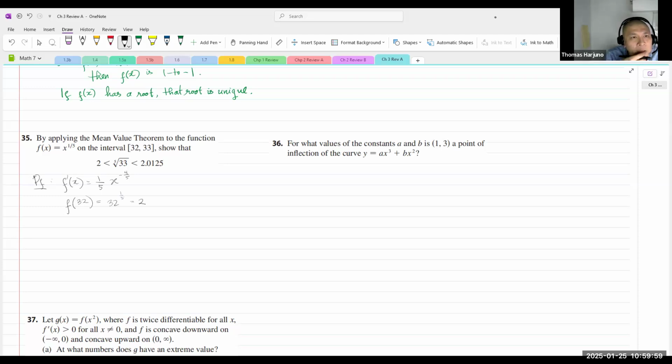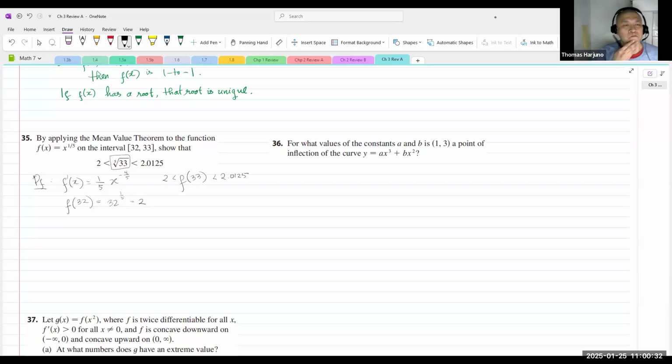But how do I want to show this? Basically, this tries to say that if we define it this way, then the value at 33 is between 2 and 2.0125. That's basically what we need to get.